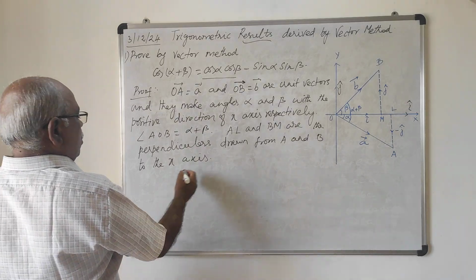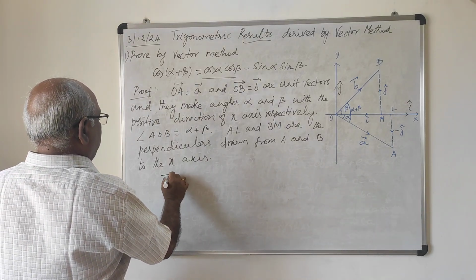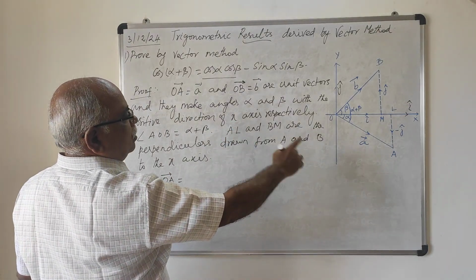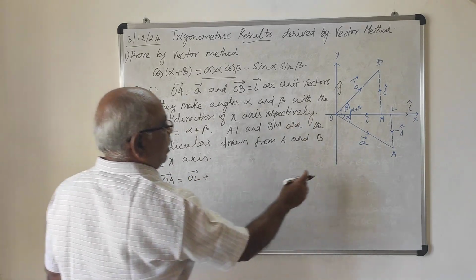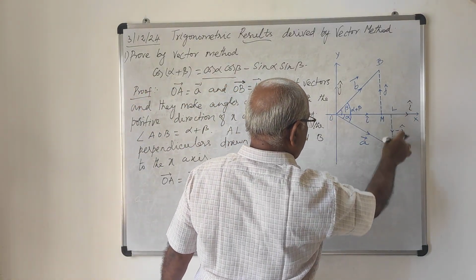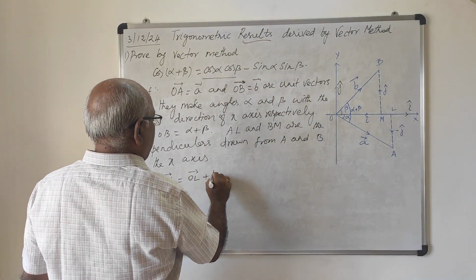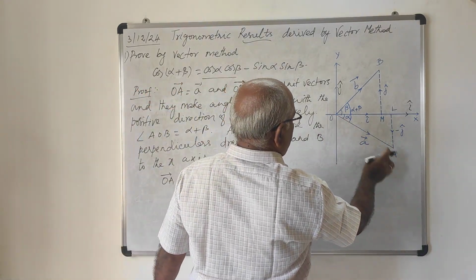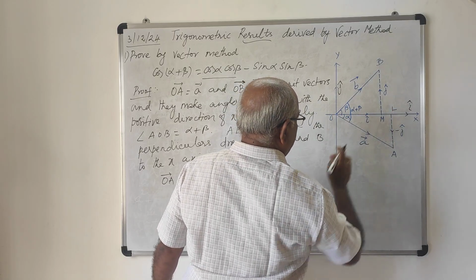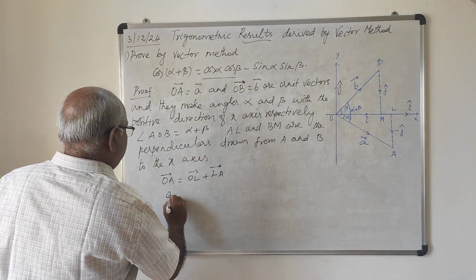Now, by triangle law, vector OA equals vector OL plus vector LA. OA is the A vector.